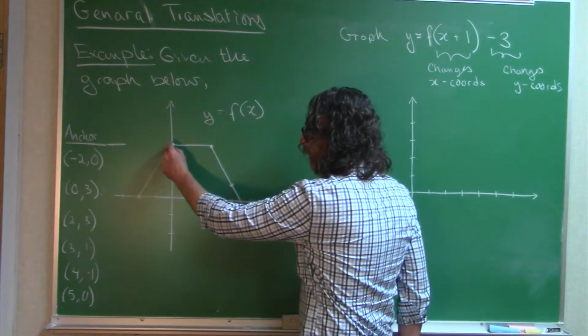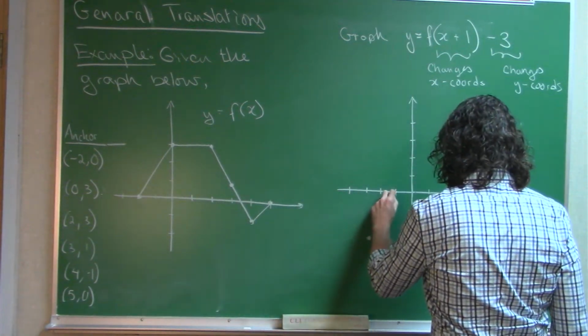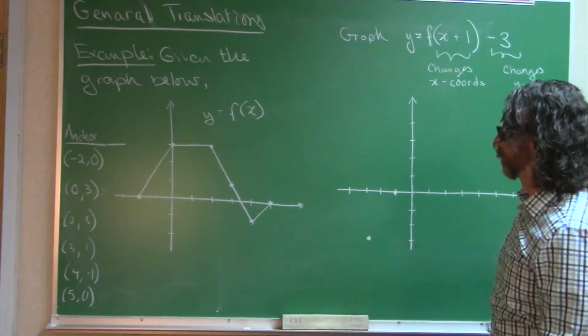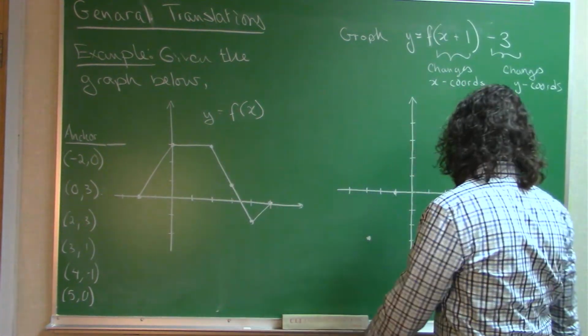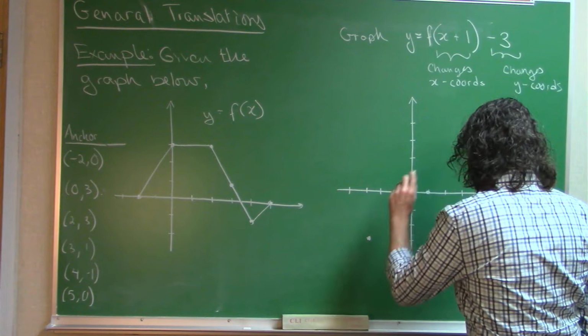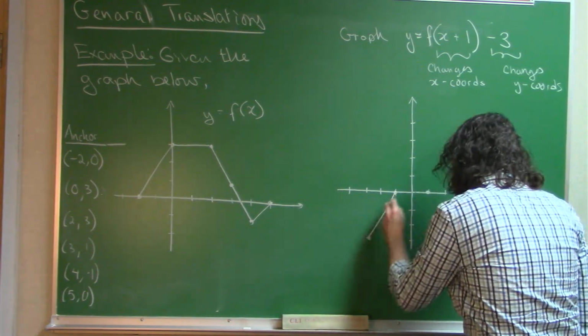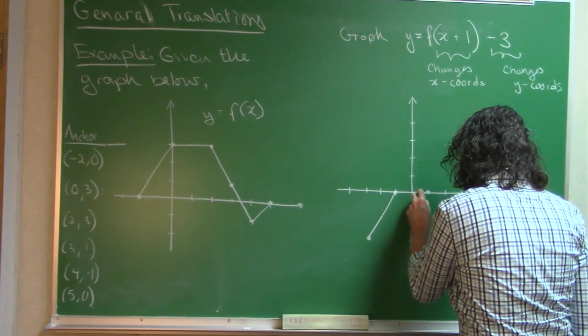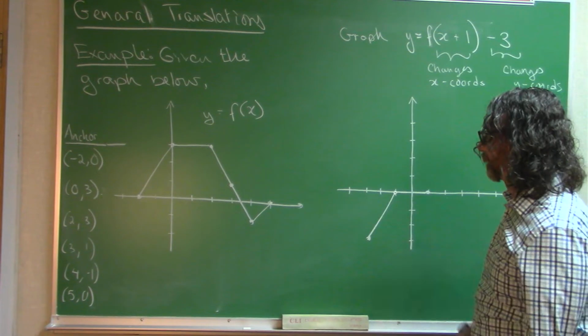This point right here, 0 comma 3, 1 unit left, 3 units down. 2 comma 3, 1 unit left, 3 units down. Okay, now what we do is we're going to need to move all the corresponding parts of the graph too, right? The anchor points just give us like the skeleton, okay?